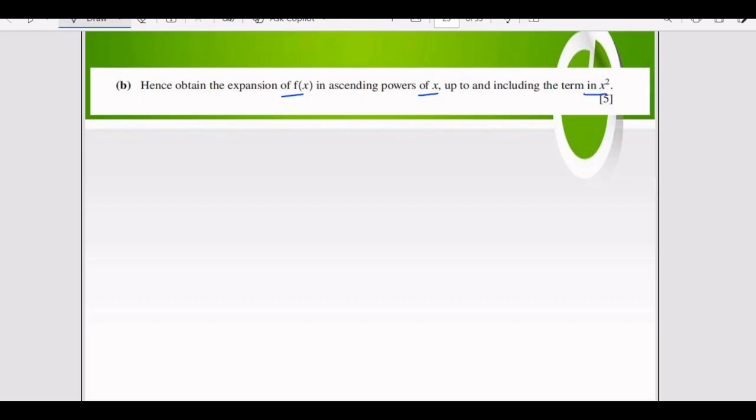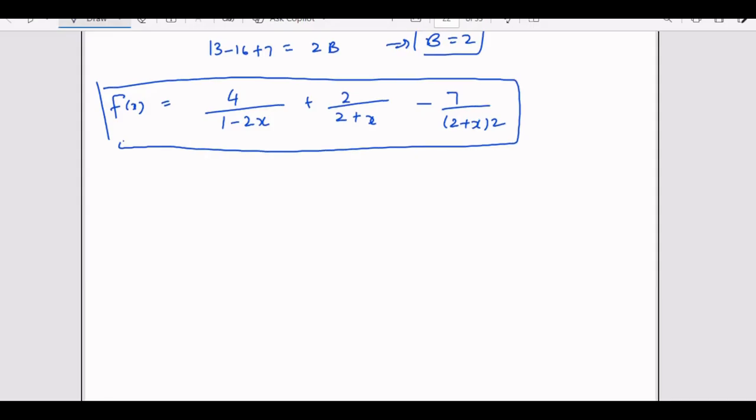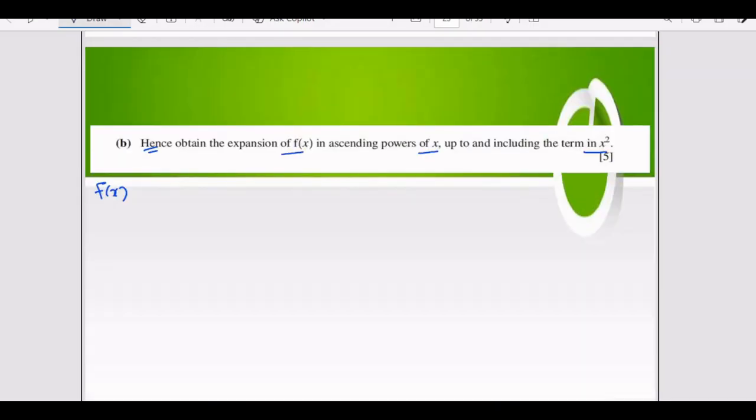So we are looking for only the first 3 terms, because the third term gives us x squared. When it says hence, that means we are using the previous part. So I will take this equation f(x) that we got in the end.